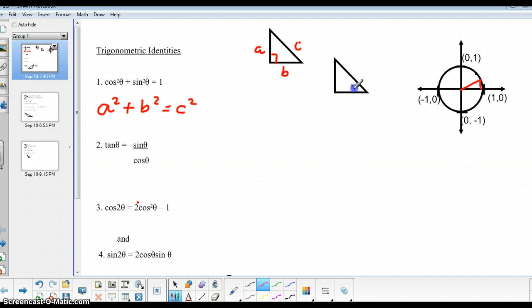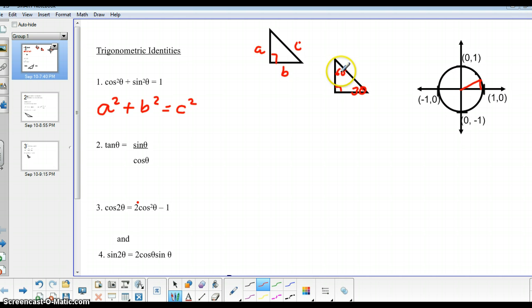Let's say that is 30 degrees. Alright, if that is 30 degrees and this is our right angle, let's go ahead and use and help us remember the 30-60 right triangle.